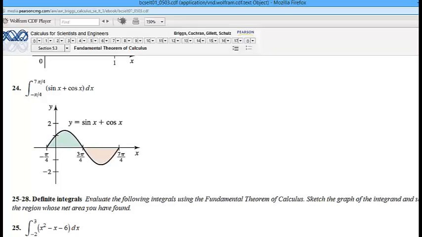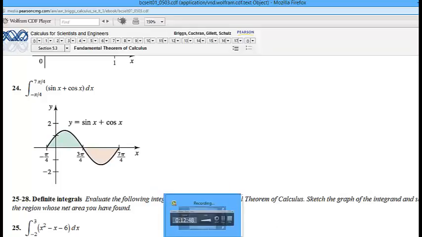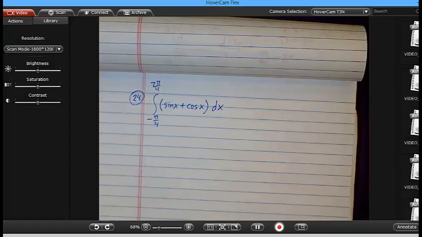So 24 says we want to integrate from negative pi over 4 to 7 pi over 4 of sine of x plus cosine of x dx. Okay? And they give me a nice picture, and they want me to look at that.